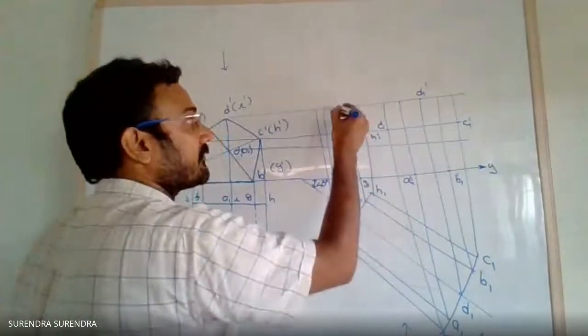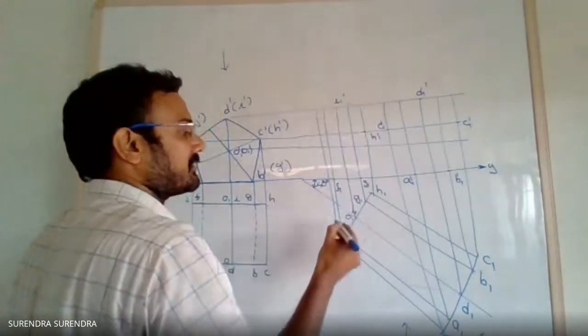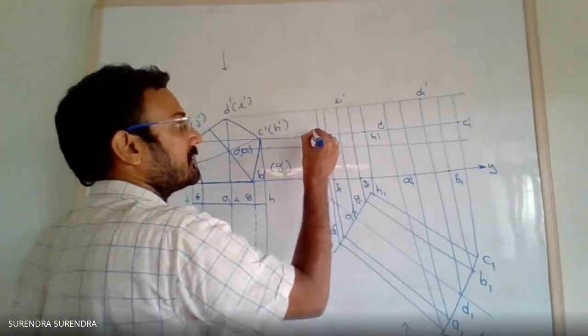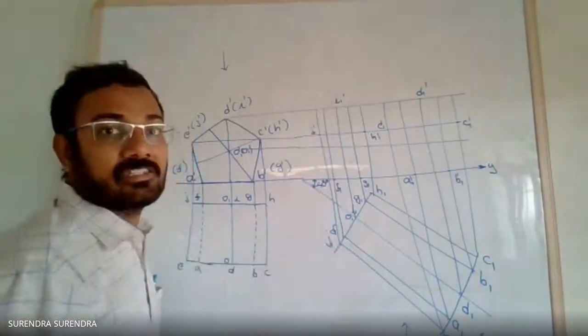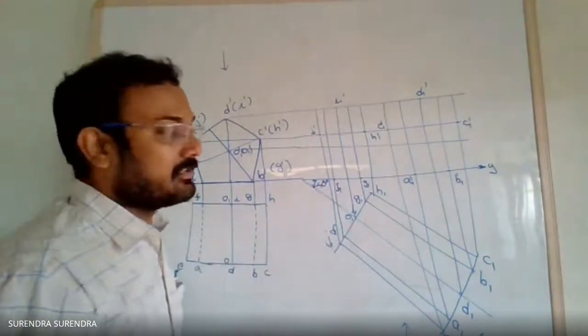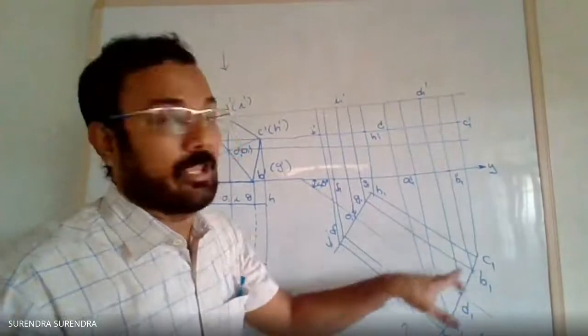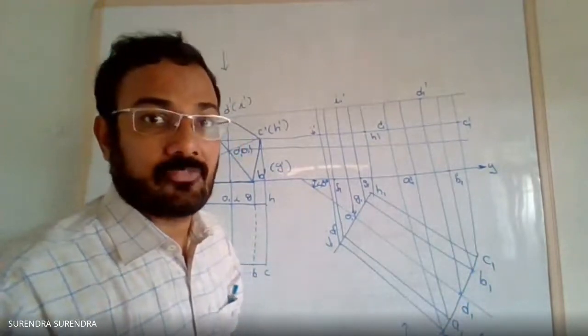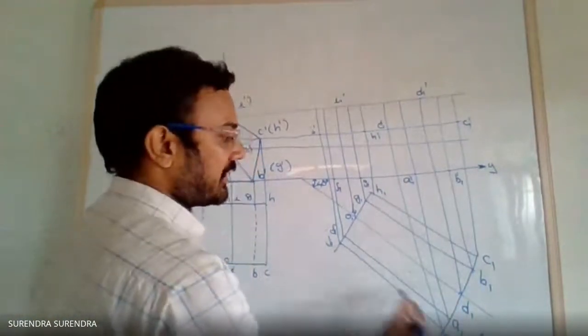H1, I1 dash and J1 dash. Join them, so what we observe, A, B, C, D, E, all the points are visible and are seeing in this direction.